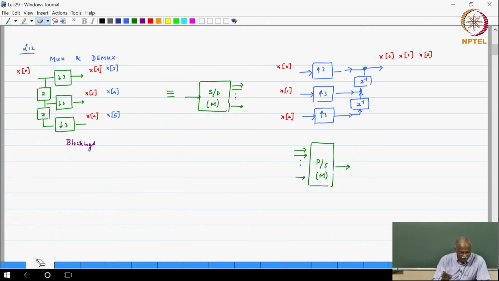Let's move on. A couple of other results from lecture 12. We said that the interchanging of multirate blocks, upsampling by a factor of L, downsampling by a factor of M, these are equivalent under certain conditions, okay, equivalent under certain conditions that L and M are prime.